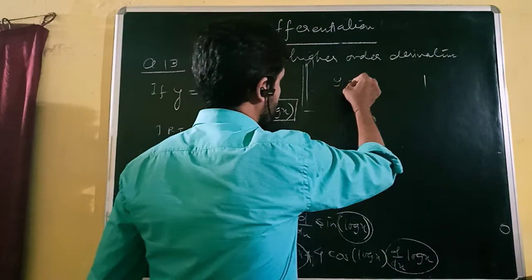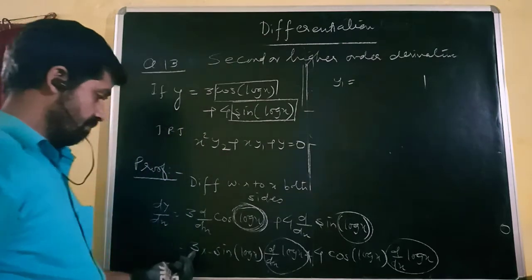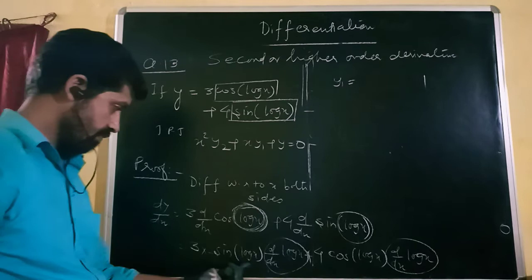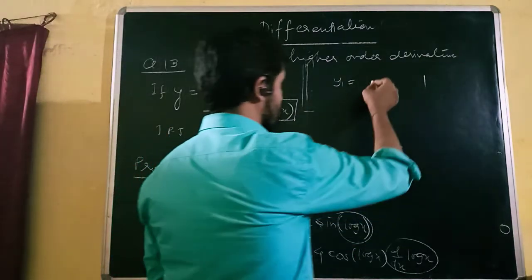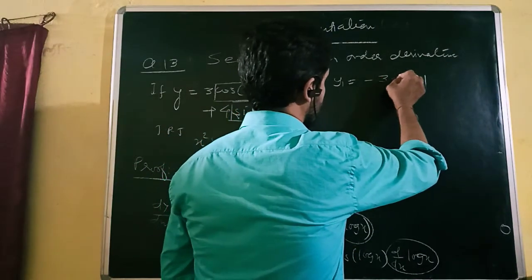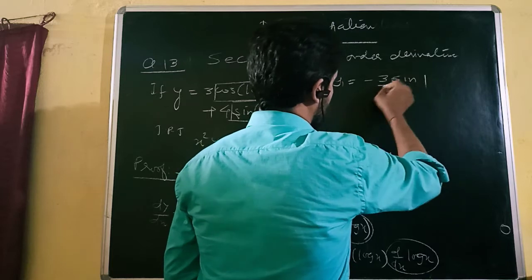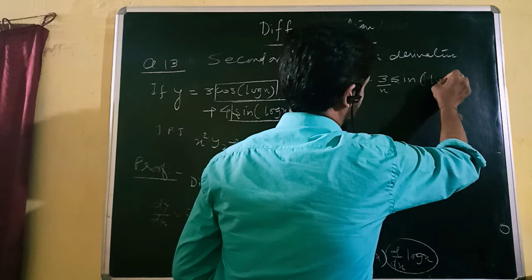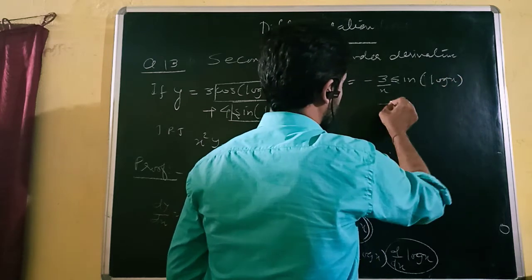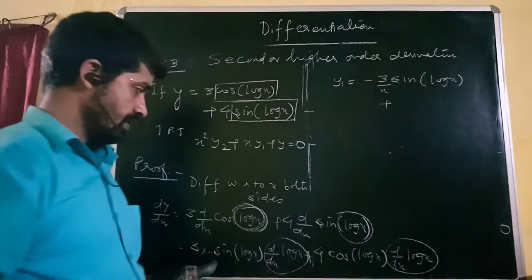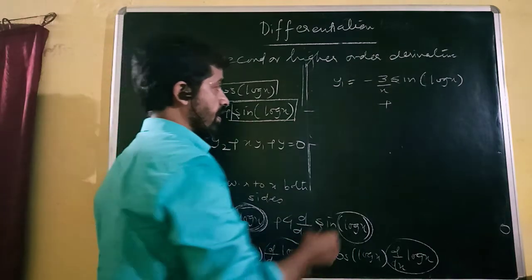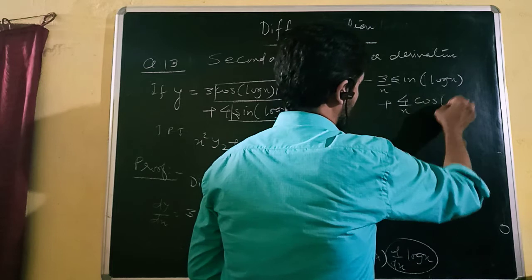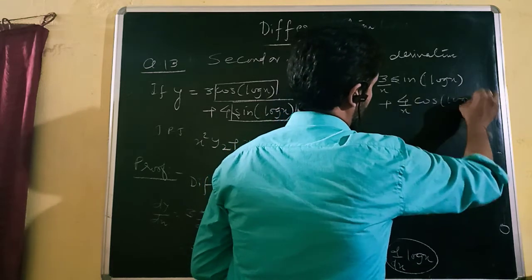So y1 we get as what? Minus 3 by x sine of log of x, and likewise the other term becomes 4 by x cos of log of x.